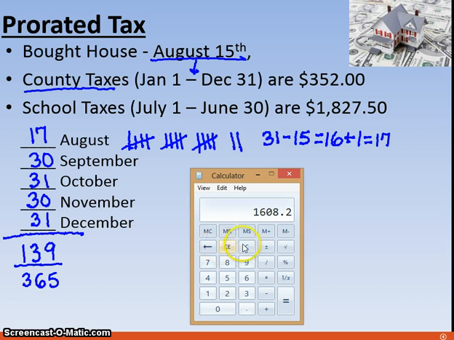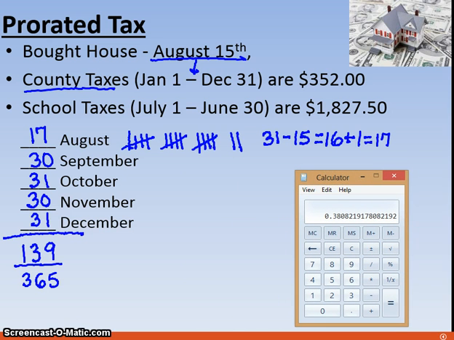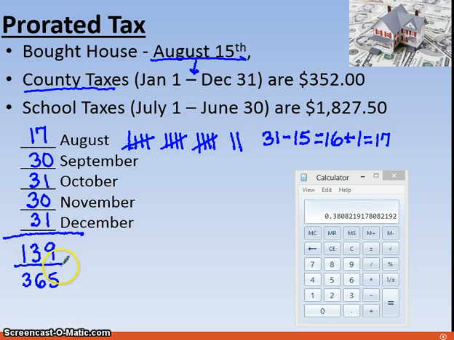So to do that, we would need to divide to get the decimal. 139 divided by 365 is 0.380. We only need those first 3 decimal places because that'll tell us how to round to get our percent. So it's 0.380. If we look to the right of the hundredths column, the 0 is going to keep the 8 the same.